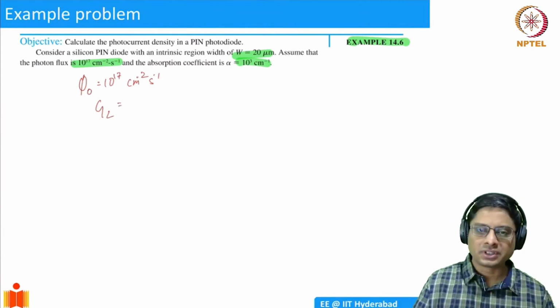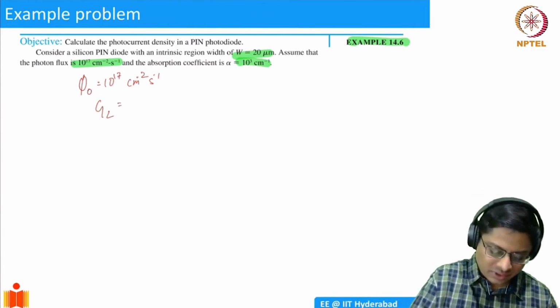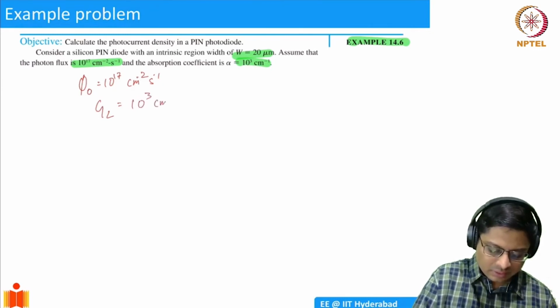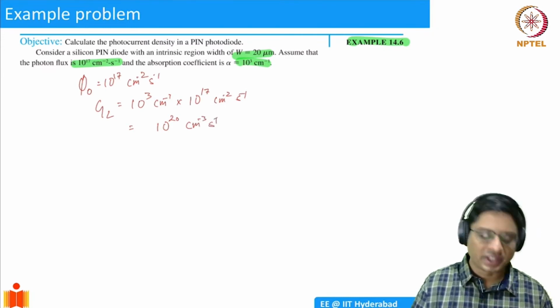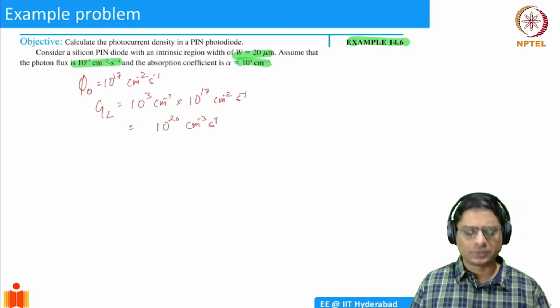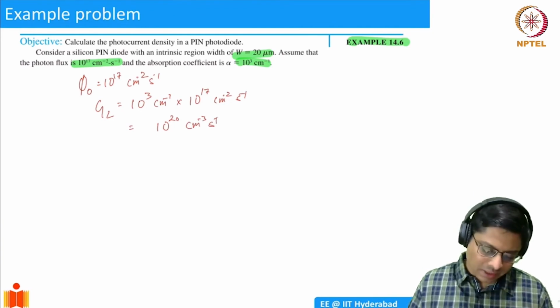Alpha, whatever is the absorption coefficient, which is now in this case 10 power 3 per centimeter, times the flux, which is going to be 10 power 17 per centimeter square per second. So this is going to be 10 power 20 per centimeter cube per second. Okay. So a similar number as what we have taken in the photovoltaic devices. Okay.